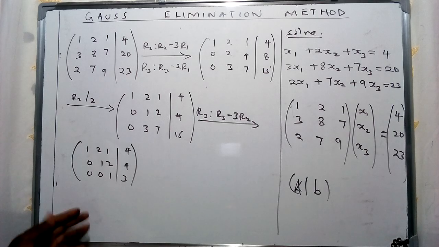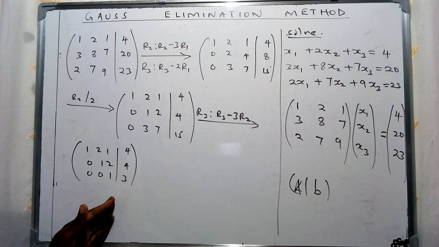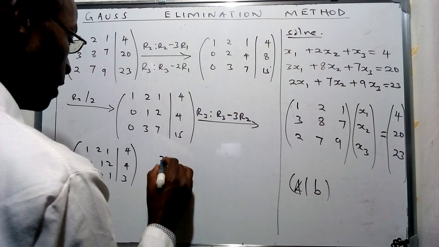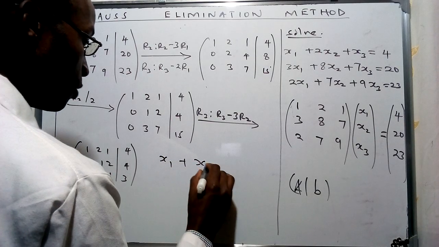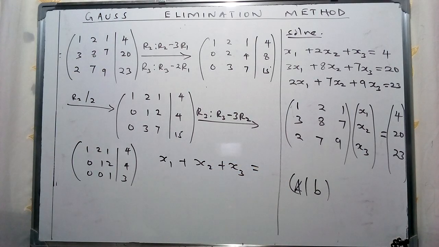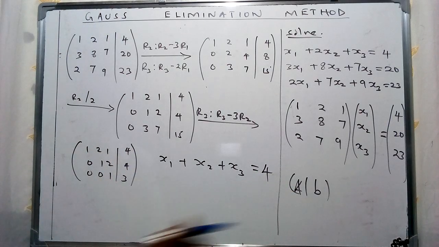Now we're going to write this specific matrix in the form of equations. This is going to consist of x1 plus x2 plus x3, which is going to give us a result of 4, as indicated in this section for b.